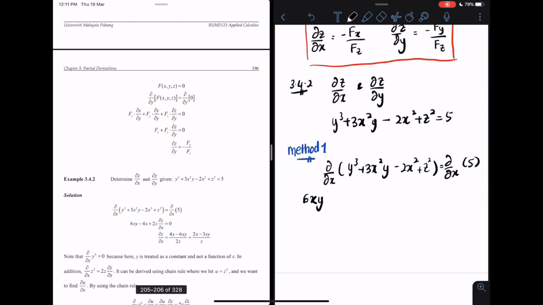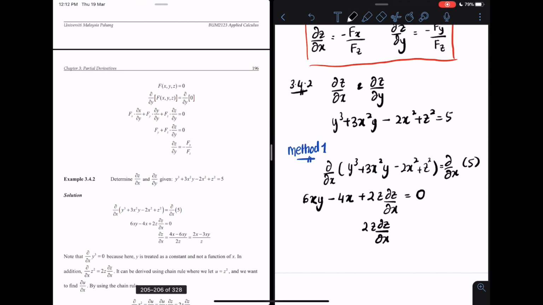So I will get 6xy minus 4x plus 2z del z del x equal to 0. Therefore 2z del z del x, the terms not related to del z del x, I'll bring to the right hand side.